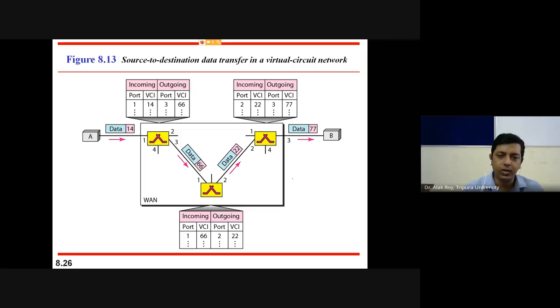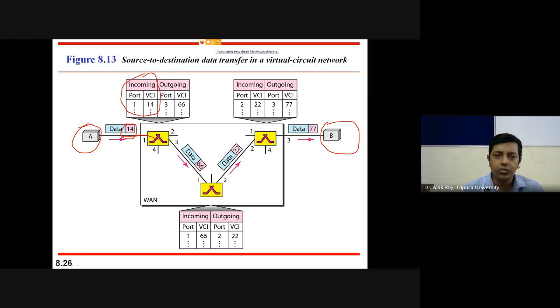Check one more example. If you want to transfer data from A to B, how can you transfer using a virtual circuit network? Say data with identifier 14 is allowed through port number 1. So you will see this table, incoming input is allowed, done.